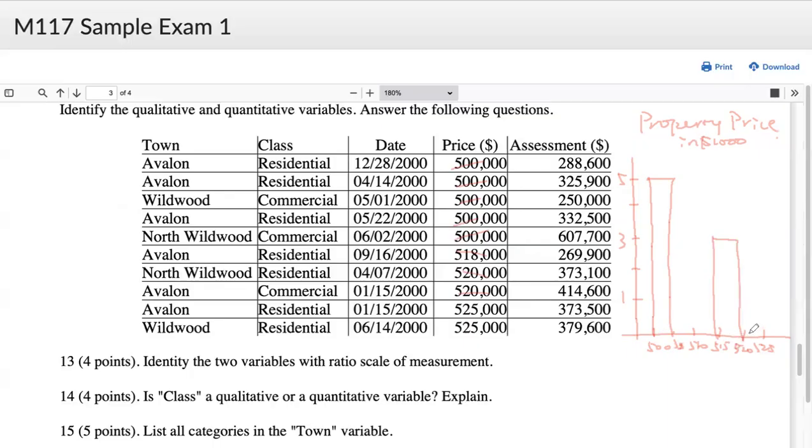Then 520 to 525, that's 2. Remember the lower end is not included, only the higher end. So 525, how many? I have 2. So I have to do maybe 530. So 2 of them, 2 is here. Yours doesn't have to be exactly like mine, but as long as it's reasonable, all right?